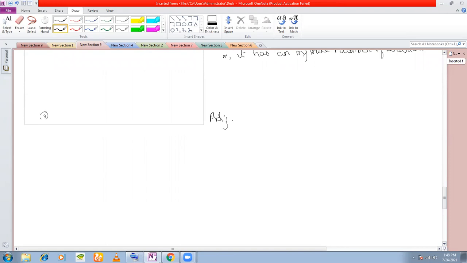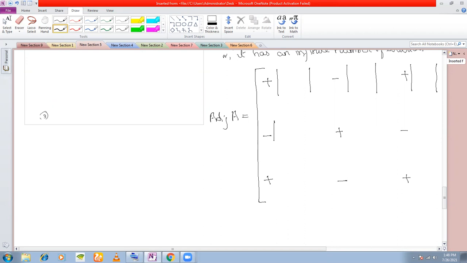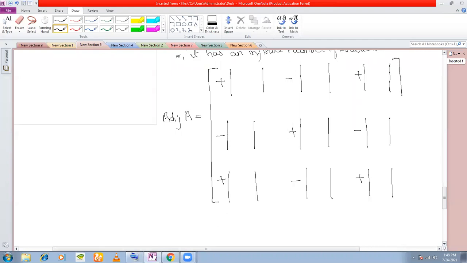Adjoint of A will be the matrix transpose of all this.